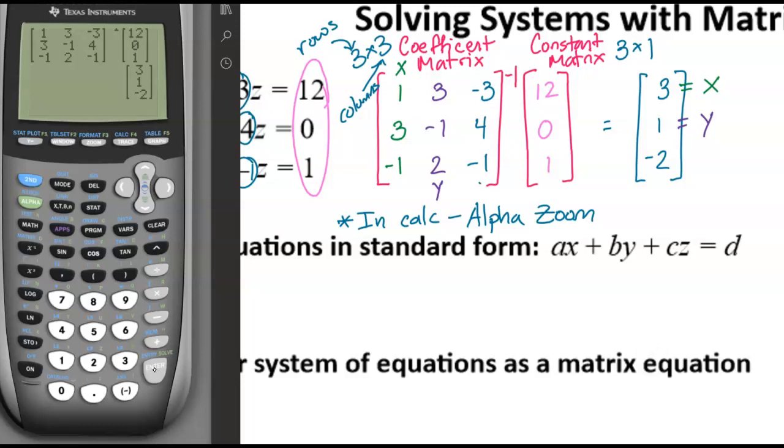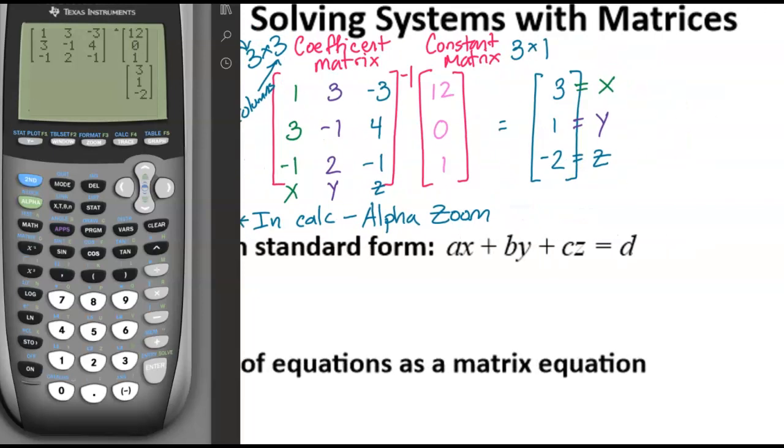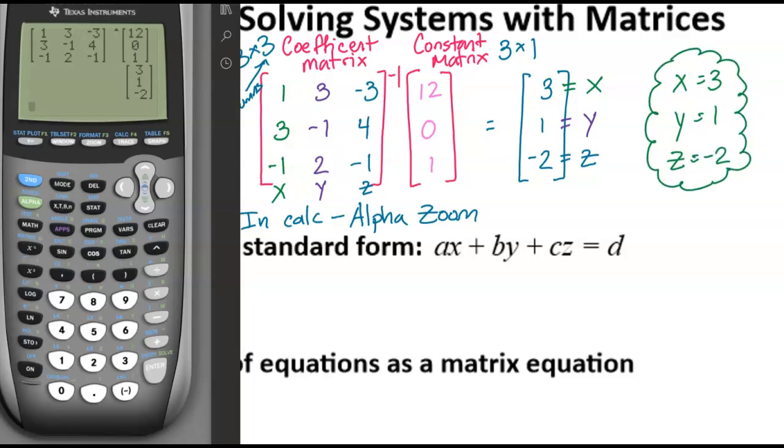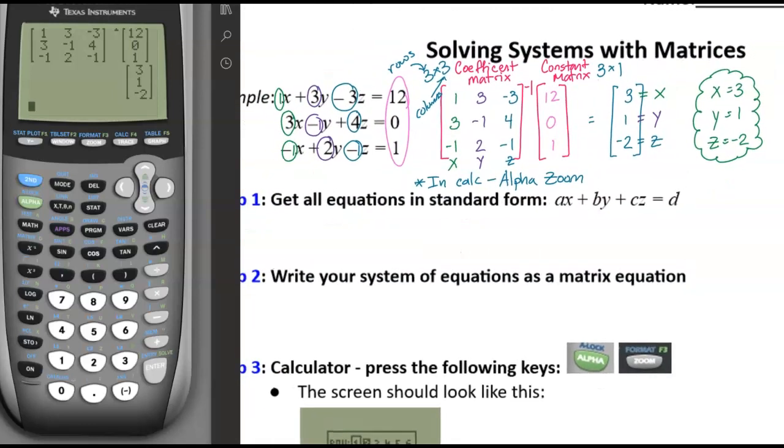And because our third column was z, the third number is what z is equal to. So I'm going to write as my solution, x equals 3, y equals 1, and z equals -2. And I circle it and I'm done. My calculator did all of the hard work for me.